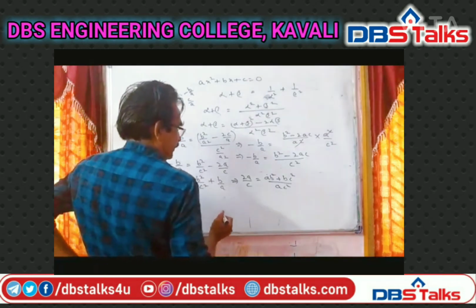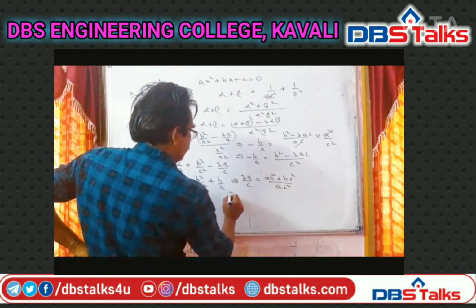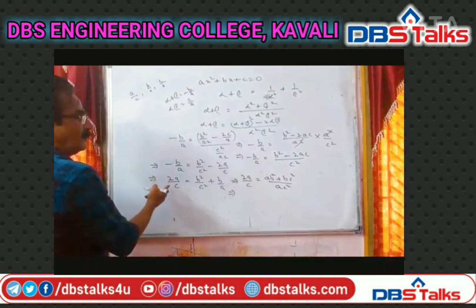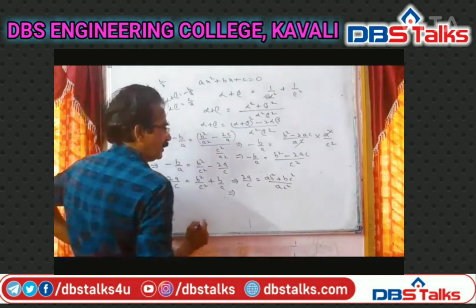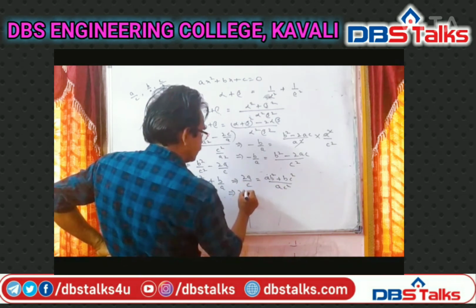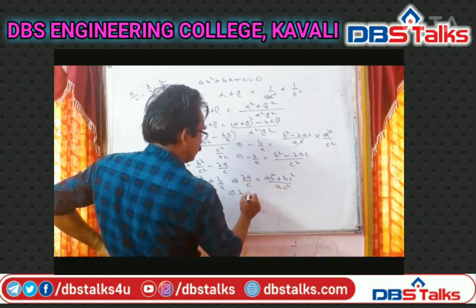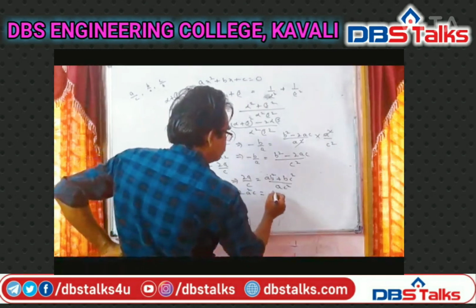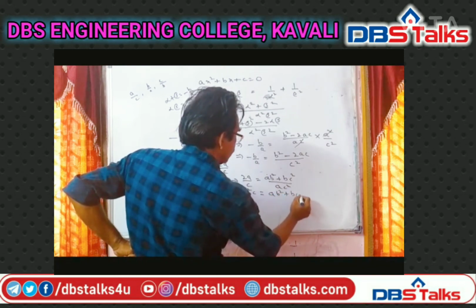See, on cross multiplication, 2a square c square, or 2a by c is equal to ab square plus bc square by ac square. Okay, friends, here c gets cancelled. It implies 2a, here ac remains, c gets cancelled, 2a square c is equal to ab square plus bc square.